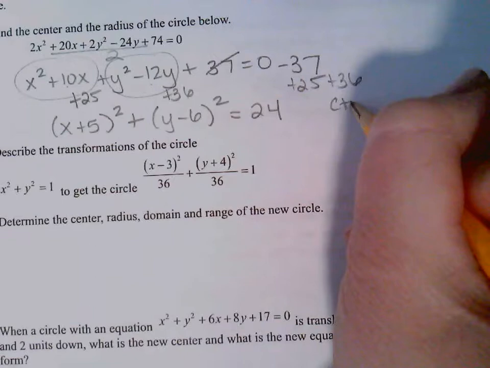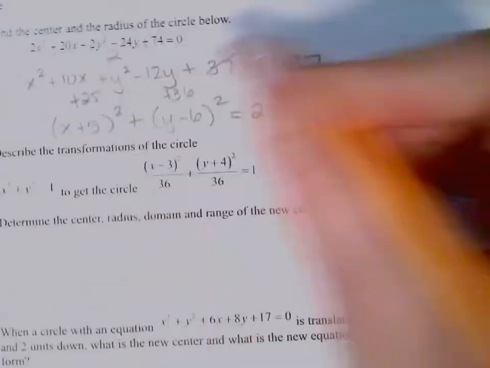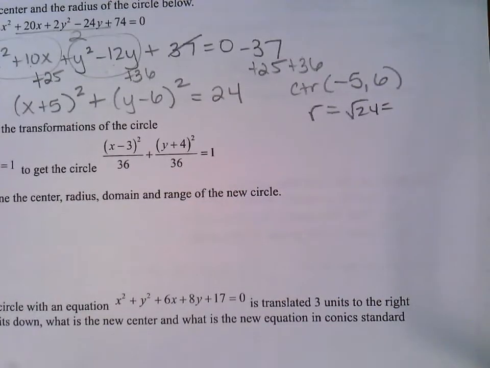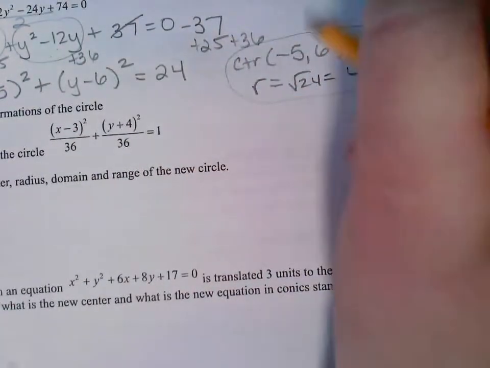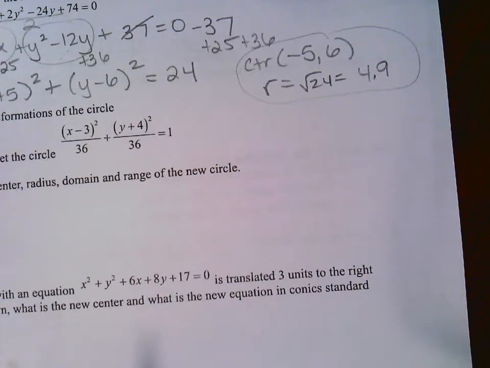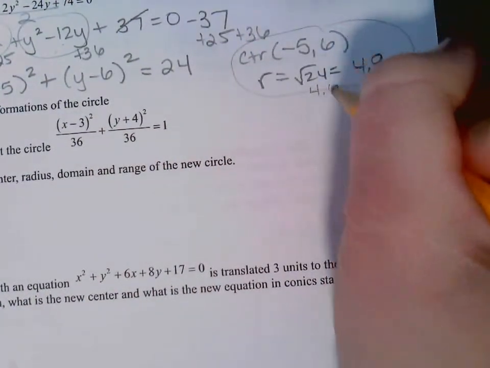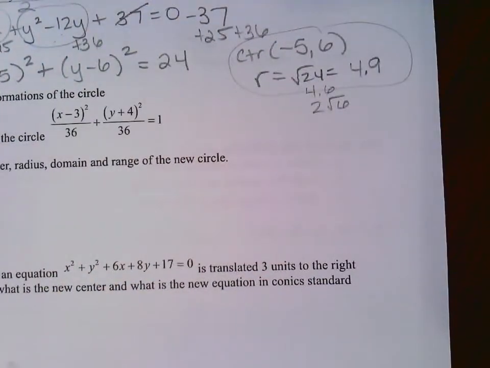So my center is at negative 5, positive 6, and my radius is the square root of 24, about 4.9. Or if you want to leave it as the square root of 24, that's fine. Or if you want to reduce your radical, this would be 4 times 6, so 2 root 6 is reduced radical form. Any of those is fine.